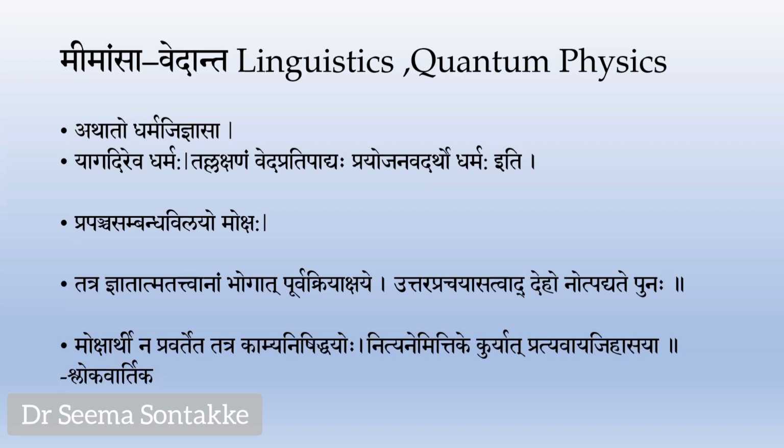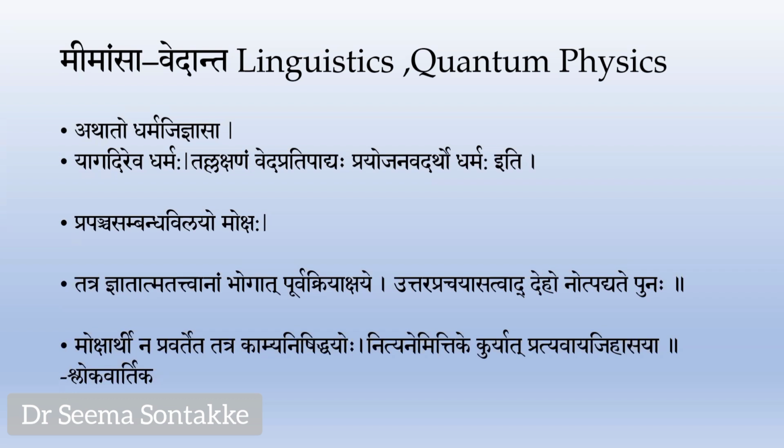Even though they talk much about the investigation of the Vedic words and investigation of the karma, moksha, according to Mimamsa, can be achieved through karmas only. According to them, performance of nitya and naimittika karma and completely avoiding kamya and nishiddha karma is the way to reach the final goal.